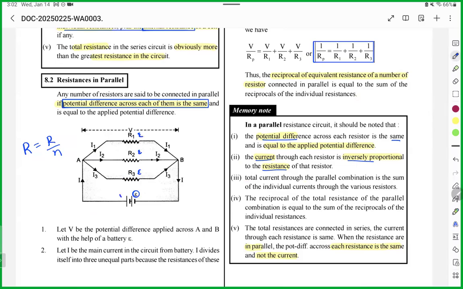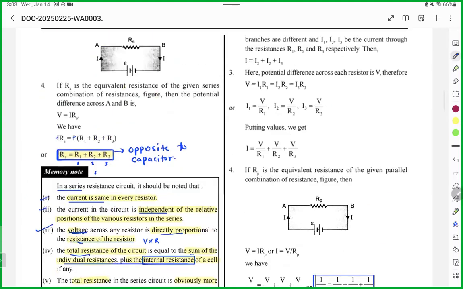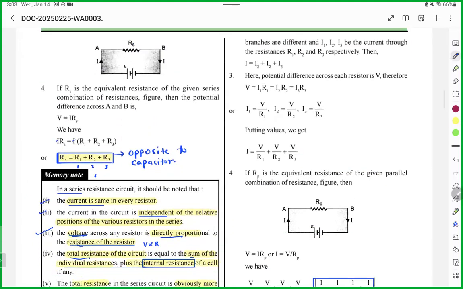If it is V, then everywhere it will be V. Whatever current you have here will divide into three parts, I1, I2, I3, and all three will combine, again becoming I. So in this, total current is the addition of all.